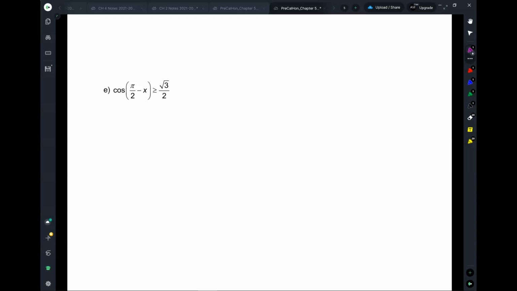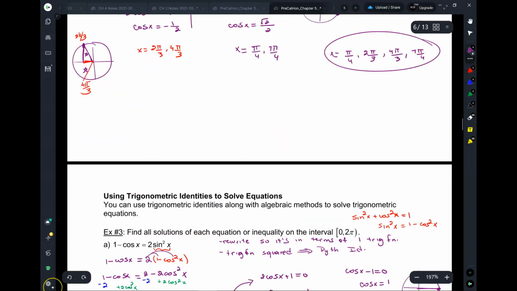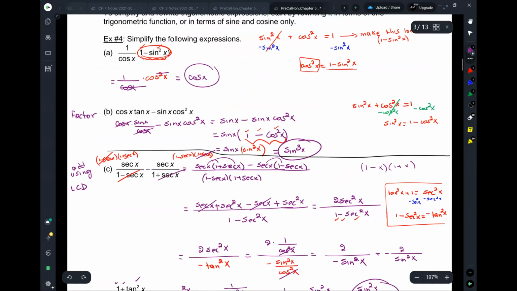All right, so take a look at what this says here. You want the values for which cosine of pi over 2 minus x is greater than or equal to root 3 over 2. Okay, what the heck? So first, you say to yourself, wait a minute. Cosine of pi over 2 minus x, that's an identity, isn't it? Remember, those are the cofunctions.